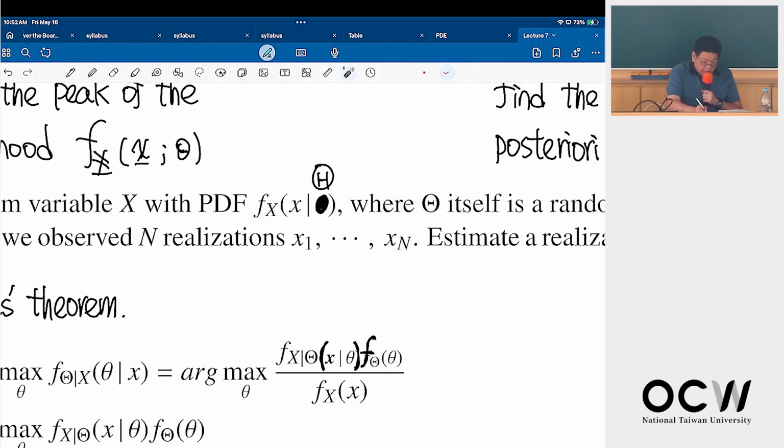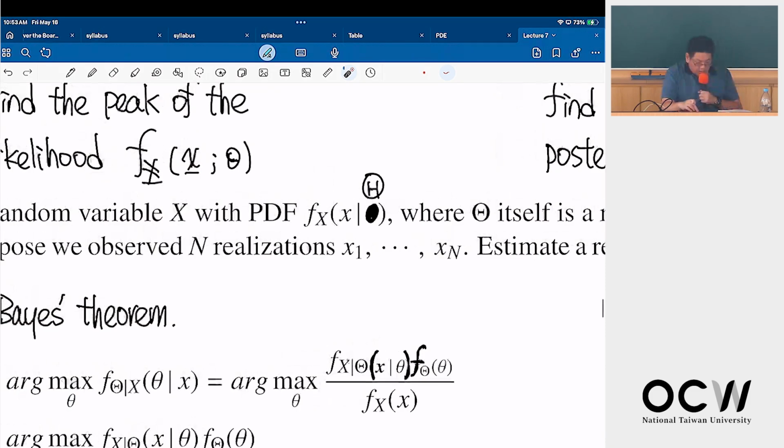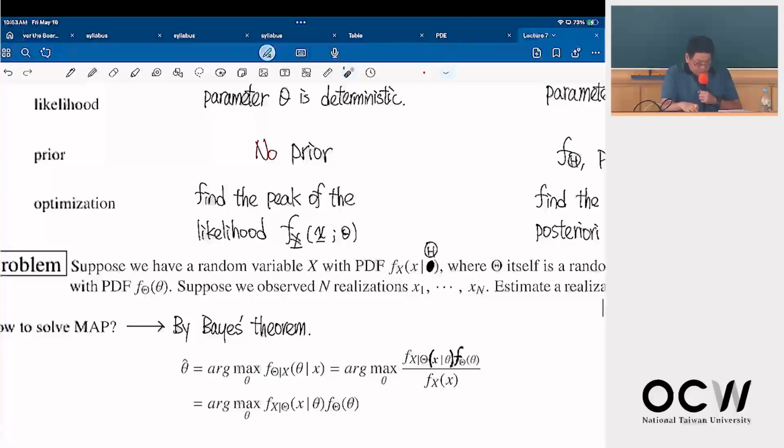So from Bayes theory, there will be the conditional PDF of x given theta. Here you can see that x is a random variable.